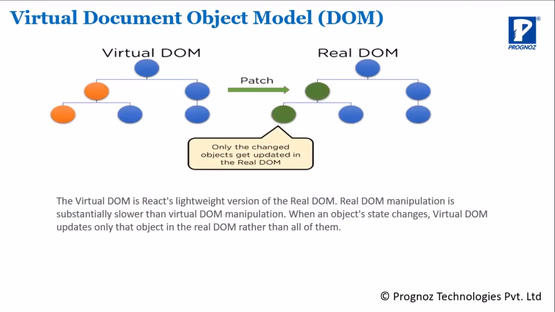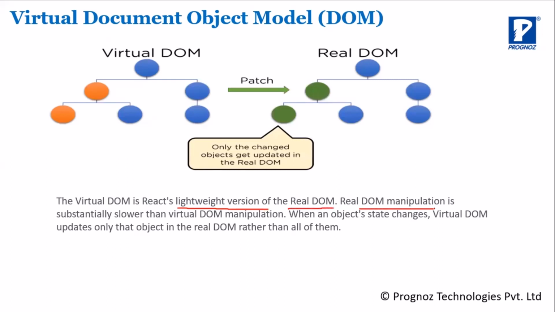Next, now come to the point: virtual DOM and real DOM. So React.js uses which concept, virtual DOM or real DOM? Virtual DOM. And browsers, whenever we are using HTML, use the real DOM. So this is the real DOM concept, and this part is called the virtual DOM. The virtual DOM in React is a lightweight version compared to the real DOM.